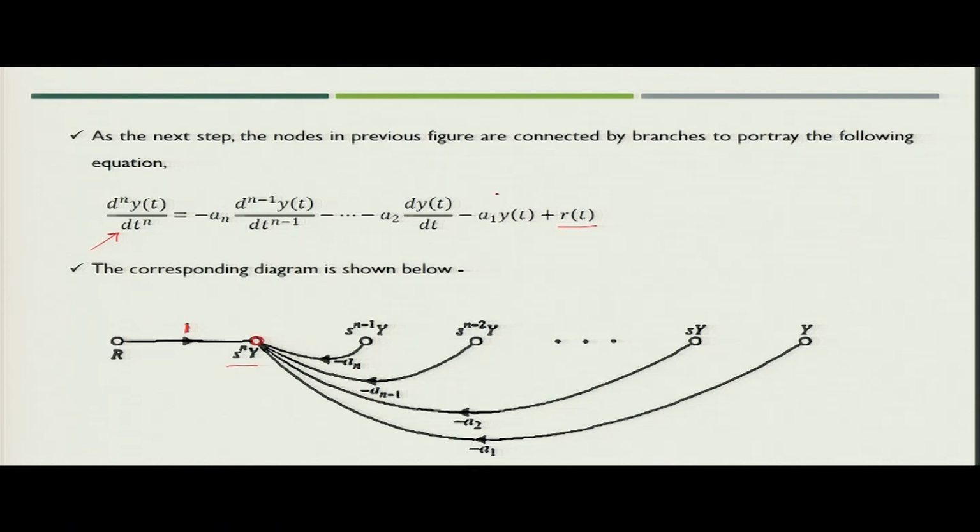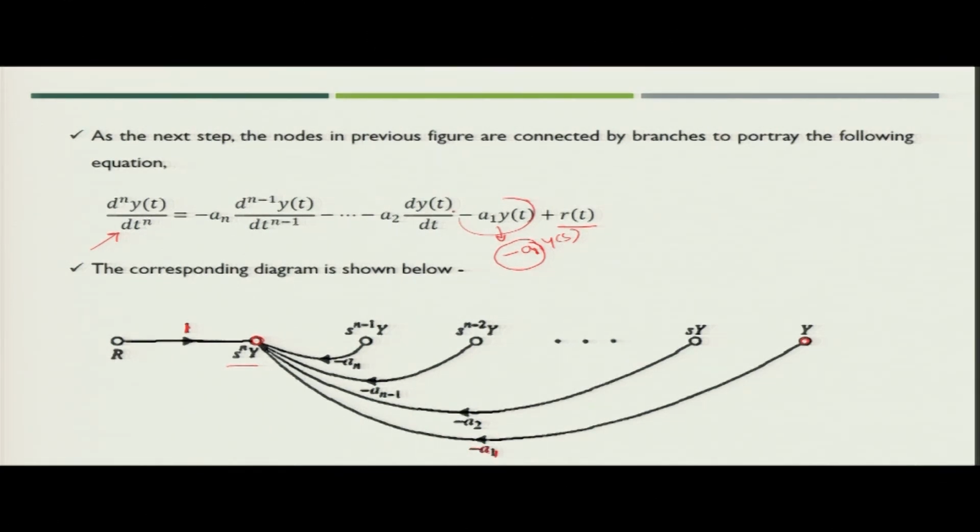Now, let us see this particular component. In the s domain you can write minus a_1 Y(s). The coefficient for this particular component is minus a_1, so you will connect Y with s to the power n Y with minus a_1.